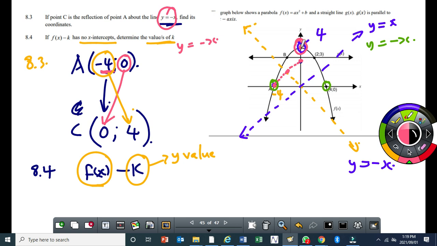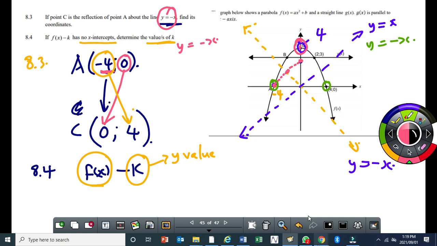Before I tell you how I can determine the answer, do you agree with me that if we don't want to have any x-intercepts, we can't move the graph up, but we have to move the graph down? I'm going to repeat that.